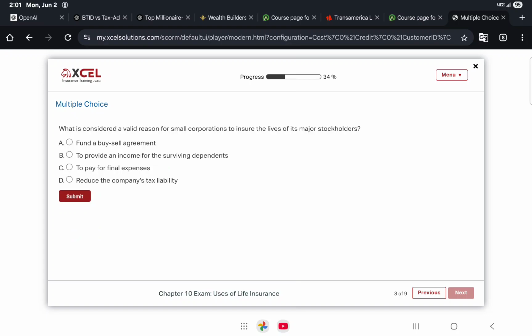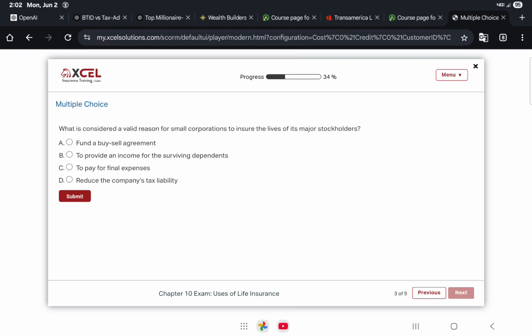What is considered a valid reason for small corporations to insure the lives of its major stockholders? Fund a buy-sell agreement, provide an income for surviving dependents, pay for final expenses, reduce the company's tax liability. I mean, they do reduce the company's tax liability, but that's not the main reason they would do that for the major stockholders.